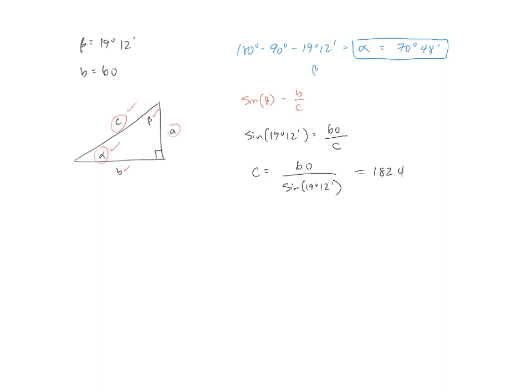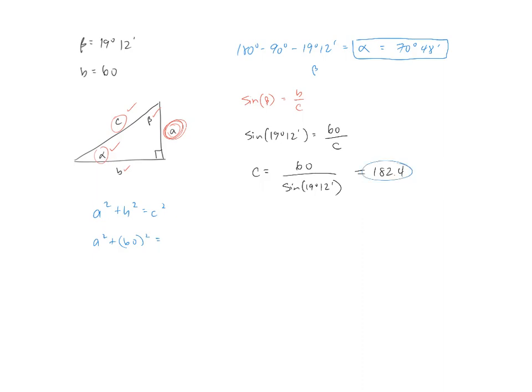The only missing part that we still need then would be the A. And so the easiest way to do this would actually be the Pythagorean theorem. We know that by the Pythagorean theorem, A squared plus B squared equals C squared. The A squared is what we're looking for. B squared would be the 60 squared plus, and then equals the C squared.